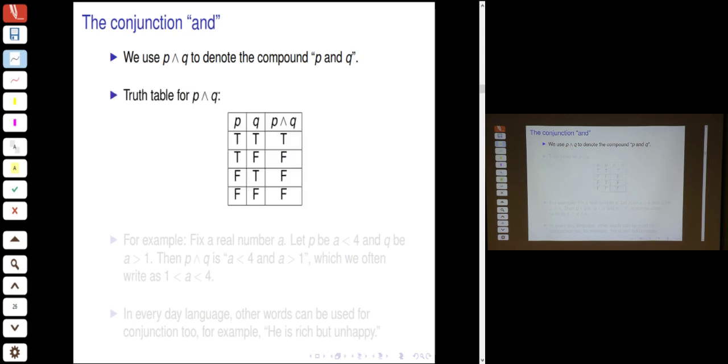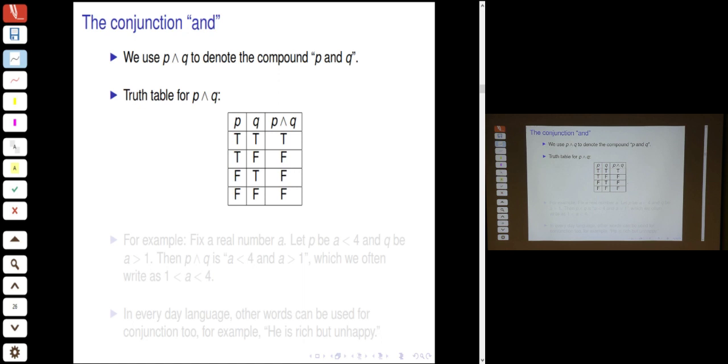Now the truth table for this. Suppose you know the truth value of each component, that is, you know the truth value of P and Q, then the truth of P and Q is determined, right? So the truth value for P and Q is set this way.